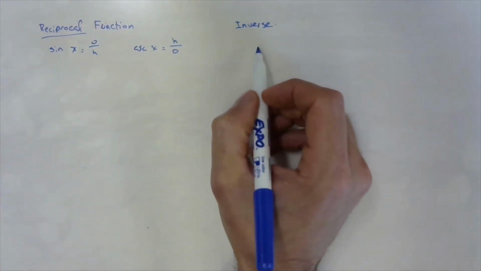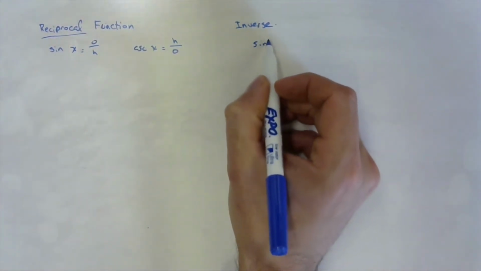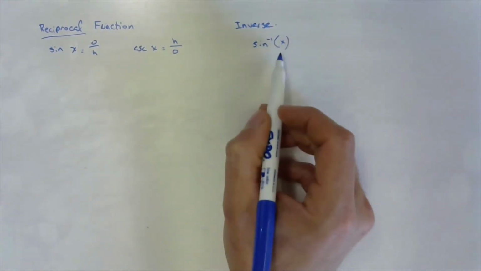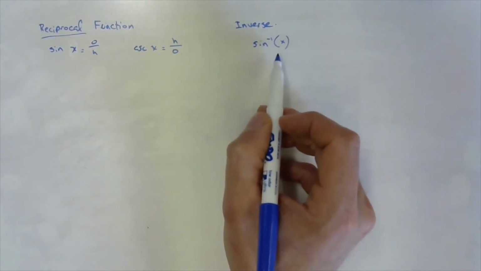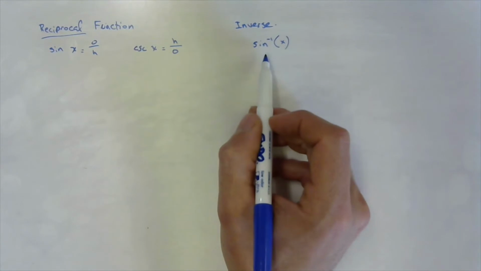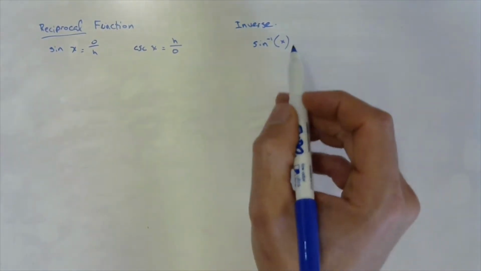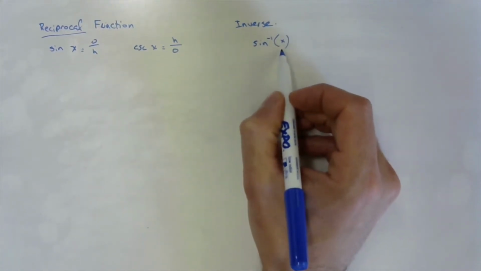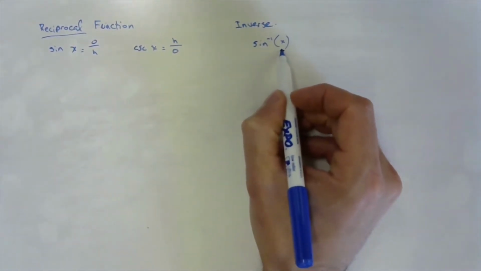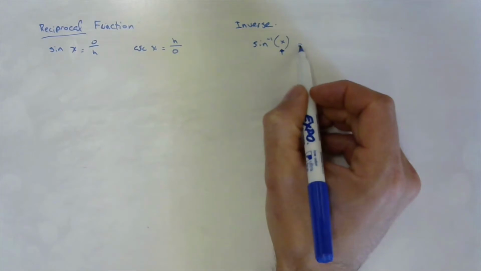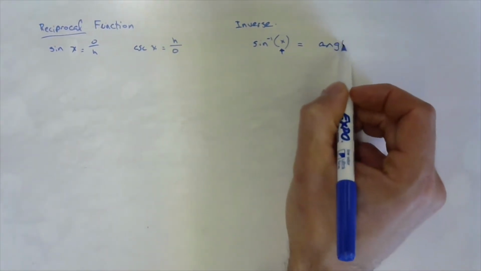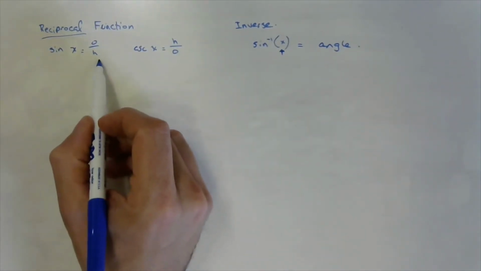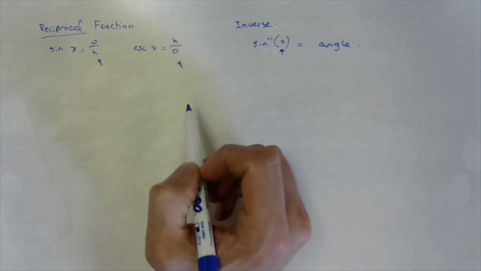Now, when we're talking about taking the inverse of sine, so you have some angle, in this case, you're looking for an angle. In this case, this x is the ratio, and you're going to get out an angle. So over here, you're getting out a ratio.